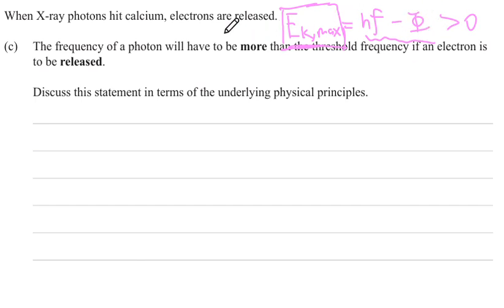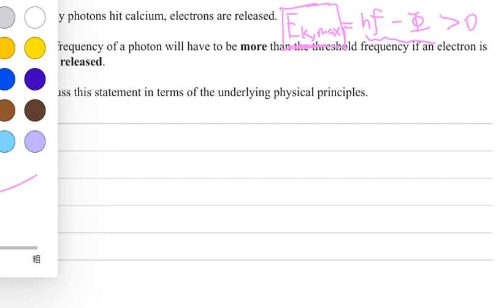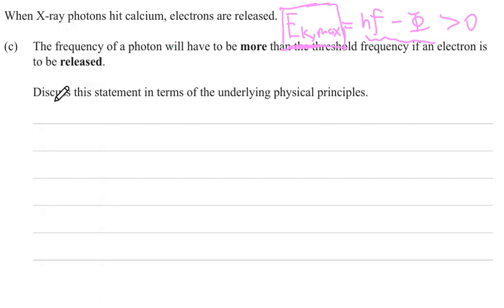So it means that the frequency of the photon has to exceed a certain value to overcome the work function of this metal, right? Remember, when I introduced this work function, I called it like the resistance energy of some metal. So maybe you can write something like this here on the lines. Discuss this.